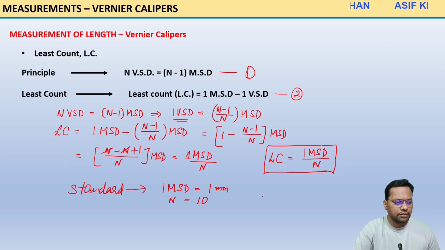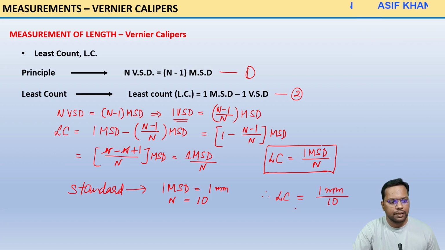So in this case, the least count will be 1 mm divided by 10, that is equal to 0.1 mm.